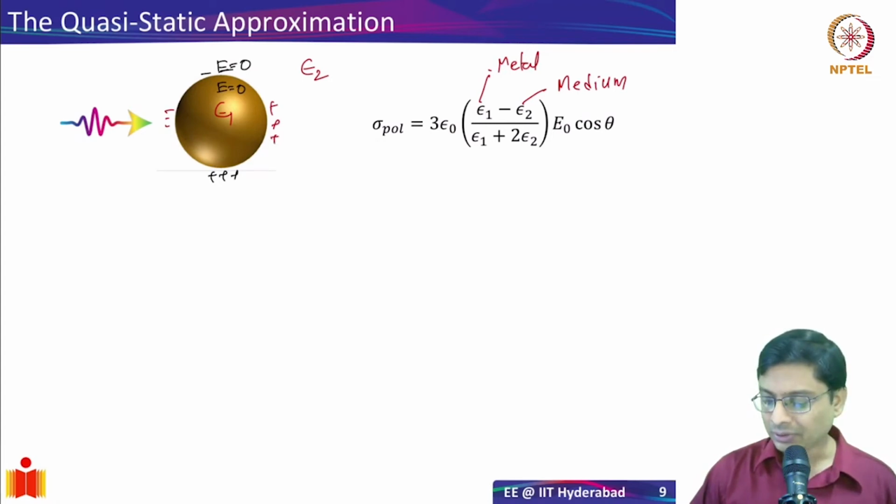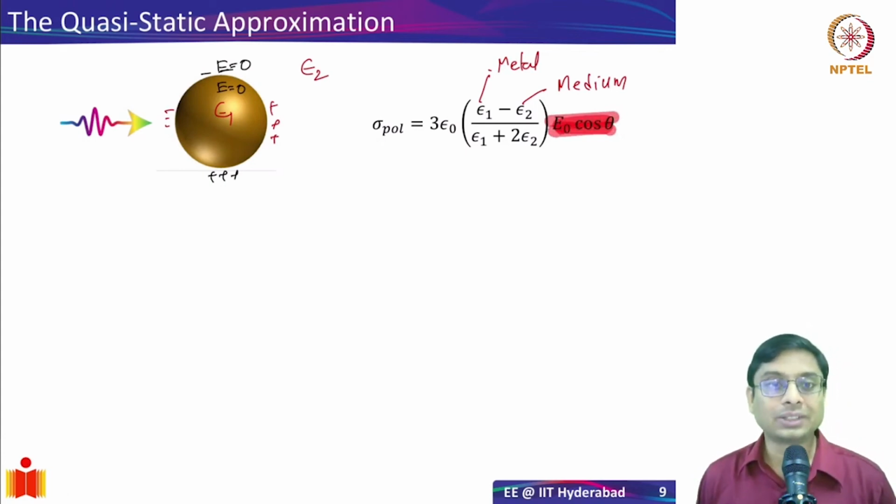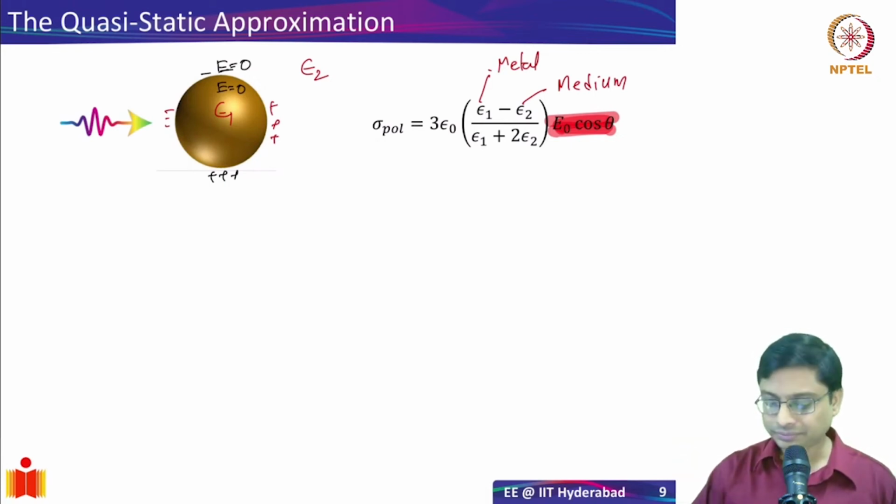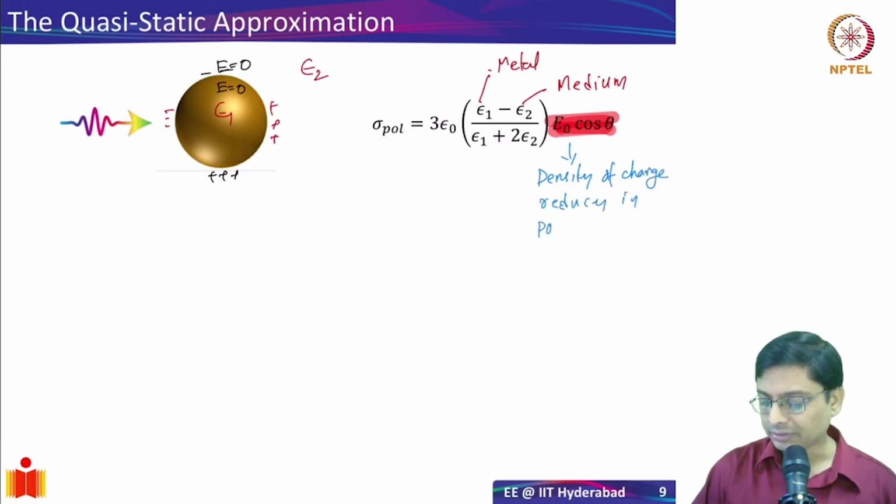The cos theta tells you that the charges are getting separated along the electric field, and if you go in the polar direction, the density of the induced charge reduces.